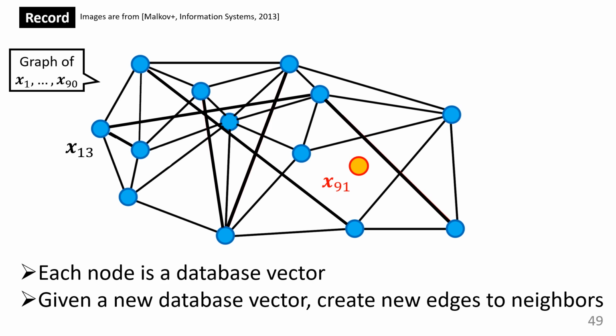Given a new database vector, we create new edges to neighbors. For this x91, these three are the closest vectors, so we can simply create edges here. That's all. We can repeat this process to create a graph.